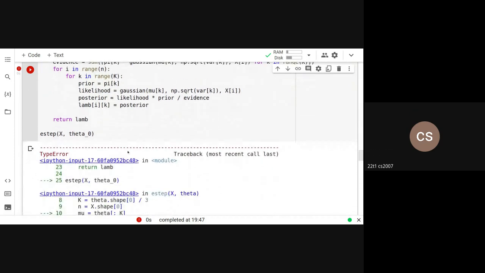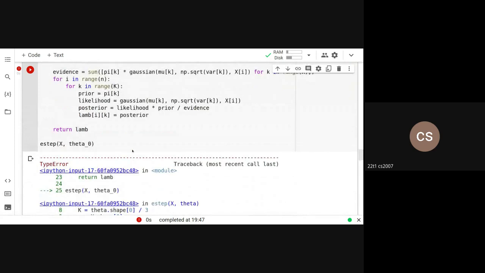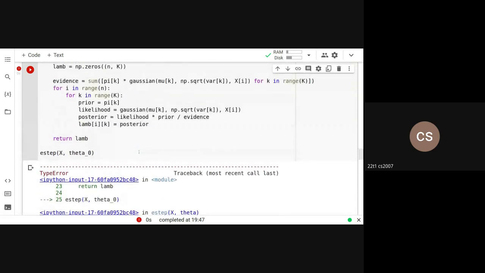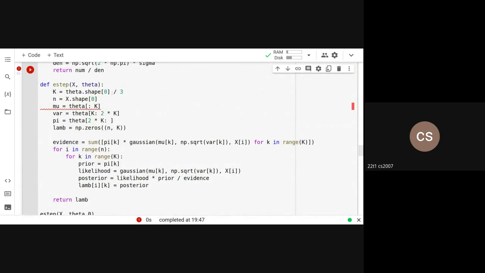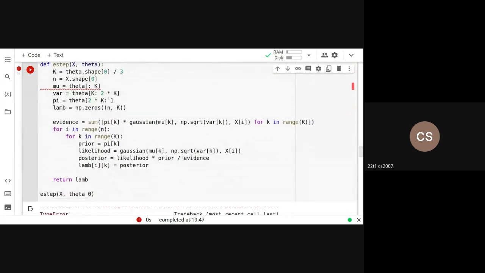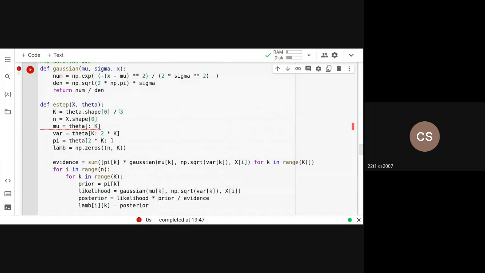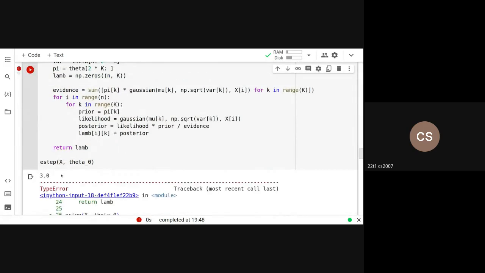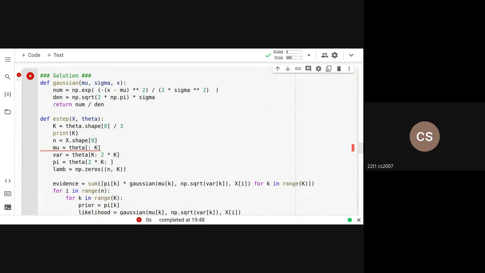What is the error? Slice k somehow is giving me a wrong value. Let me see. K here, I guess it should be int.